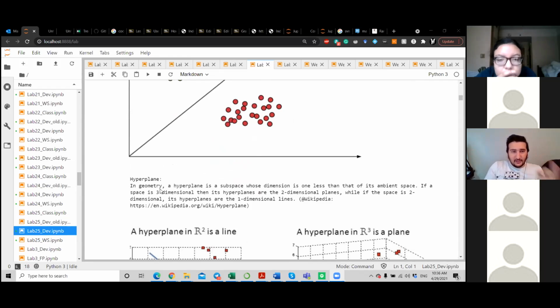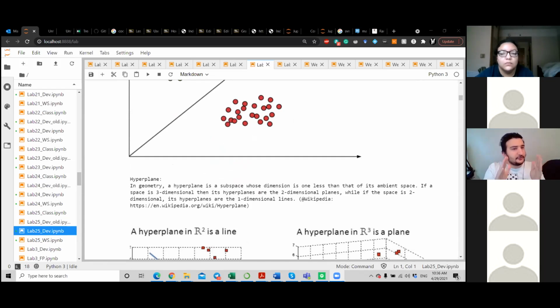So in geometry, a hyperplane is a subspace whose dimension is one less than that of its ambient space. So if you are in the 3-dimensional space, your hyperplane is going to be a 2-dimensional plane.